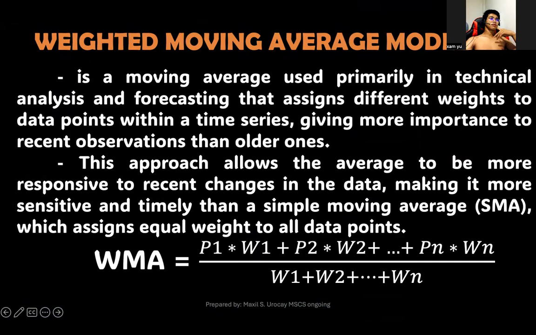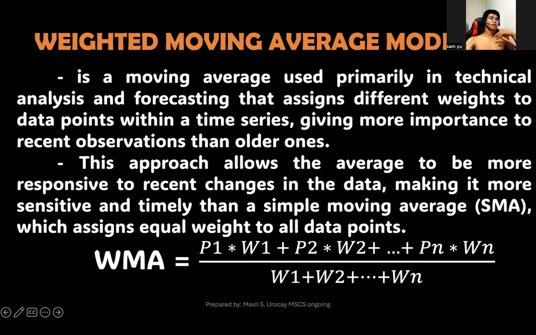This approach allows the average to be more responsive to recent changes in the data, making it more sensitive and timely than a simple moving average, or the SMA, which assigns equal weight to all data points.